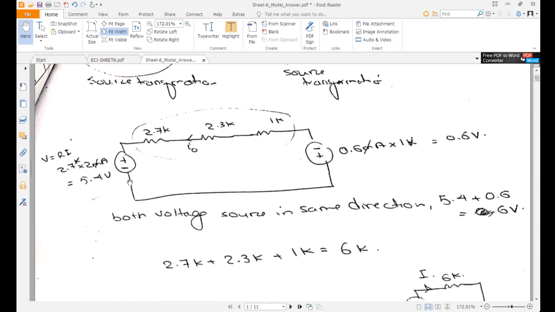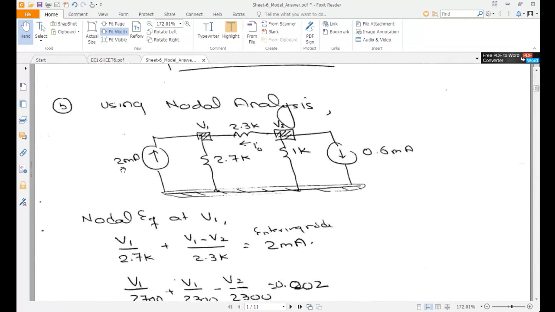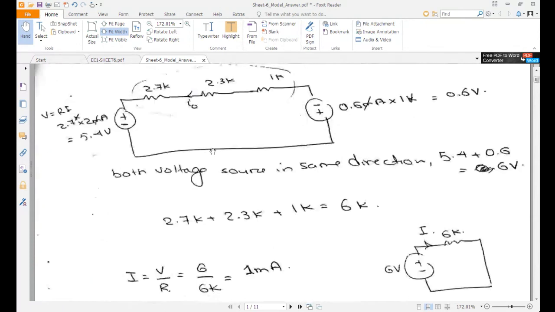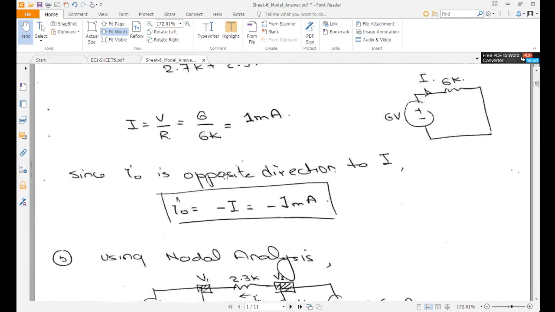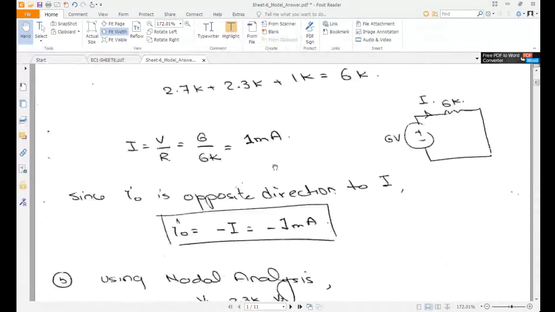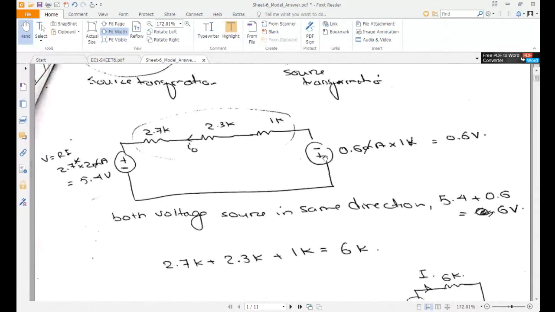And here on the left hand side, V equals IR. What is I? 2 milli multiplied by 2.7 kilo. You will get 5.4 volt in series with the same resistance. And 2.3 kilo is as it is, no change. Now in series, voltages can be added and the direction is the same.